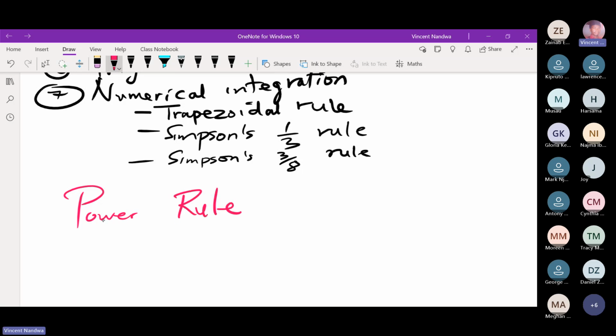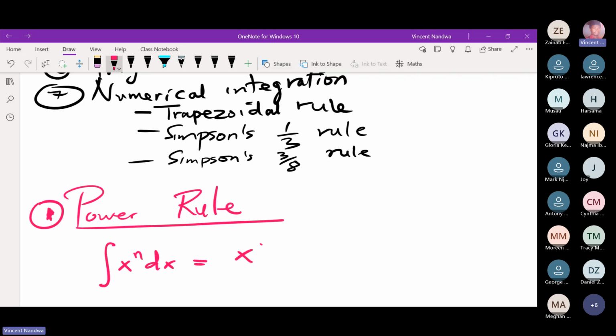So the power rule is what you used in high school. The power rule says that to integrate a function, the integral of x power n dx is x power n plus 1 over n plus 1 plus c, where n should never be minus 1.